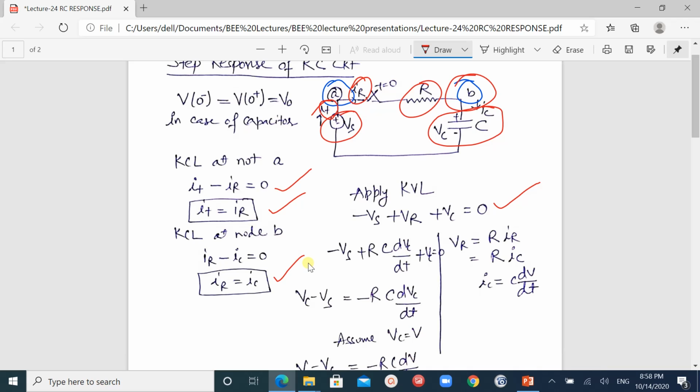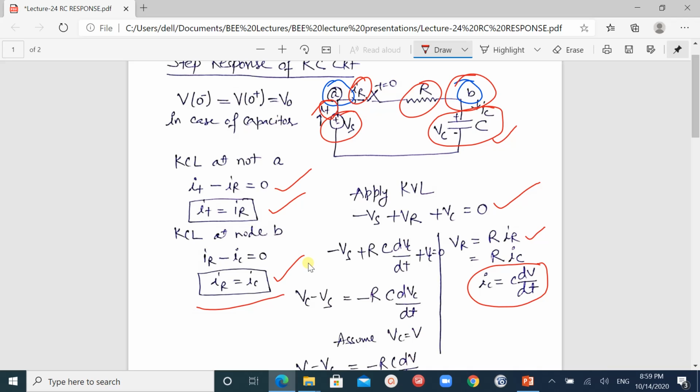And voltage drop across the resistance VR is equals to R IR. Here as I have written R IR, in this equation, as we have written IR is equals to IC, so we replace IR with IC. It will become R into IC. And we know that the current in the capacitor IC is equals to C dV by dt.